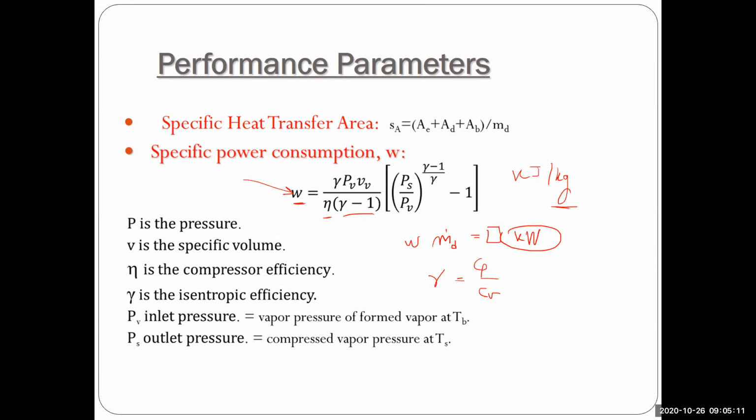So here we are not going to talk about a performance ratio, but rather we are talking about specific power consumption. Talking about specific power consumption makes us, in a way, able to compare the performance of this unit with the performance of a system which is pressure driven, like the RO, reverse osmosis, or the FO, forward osmosis, because when we are looking at specific power consumption, we are looking at how much kilowatt hour per cubic meter of distillate water.